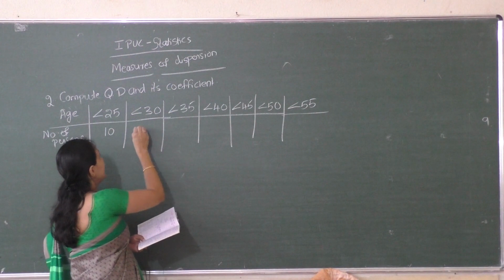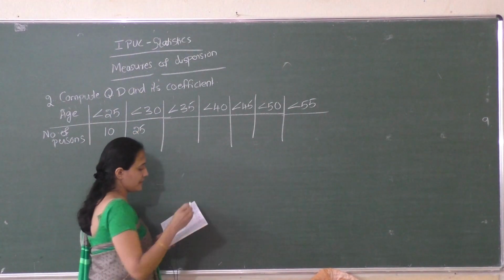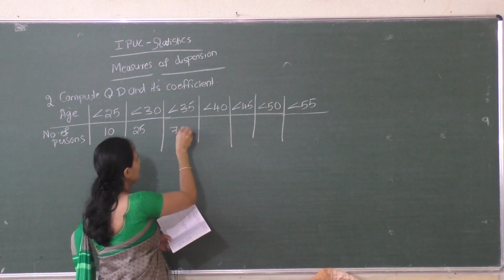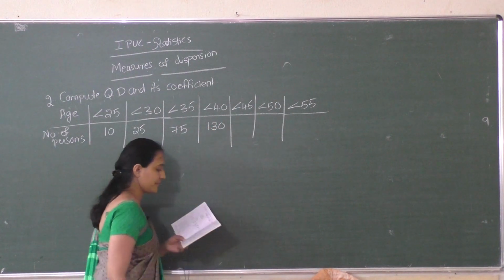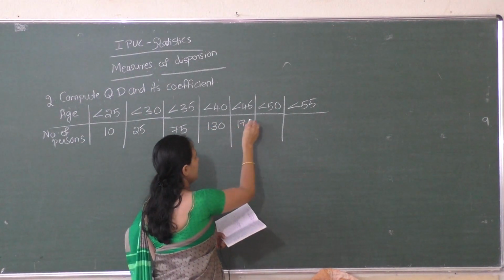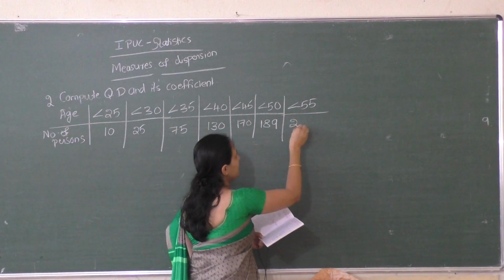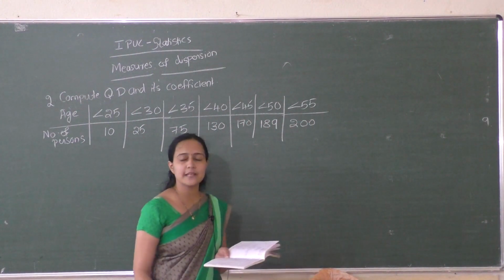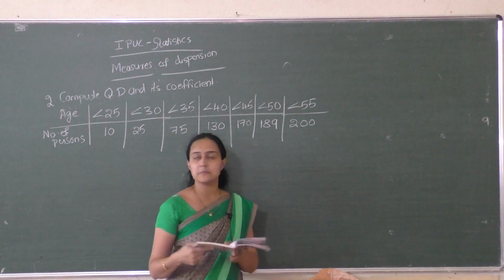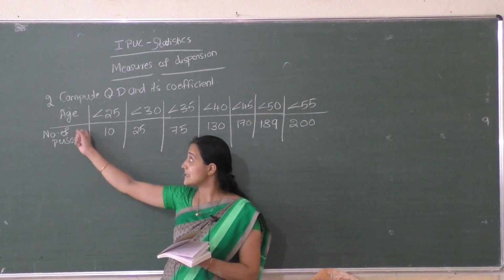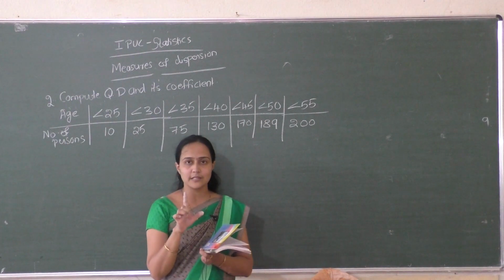The number of persons: 10, 25, 75, 130, 170, 189, next 200. See here, observe the problem. Once again I am telling, class intervals and frequencies are not given here.